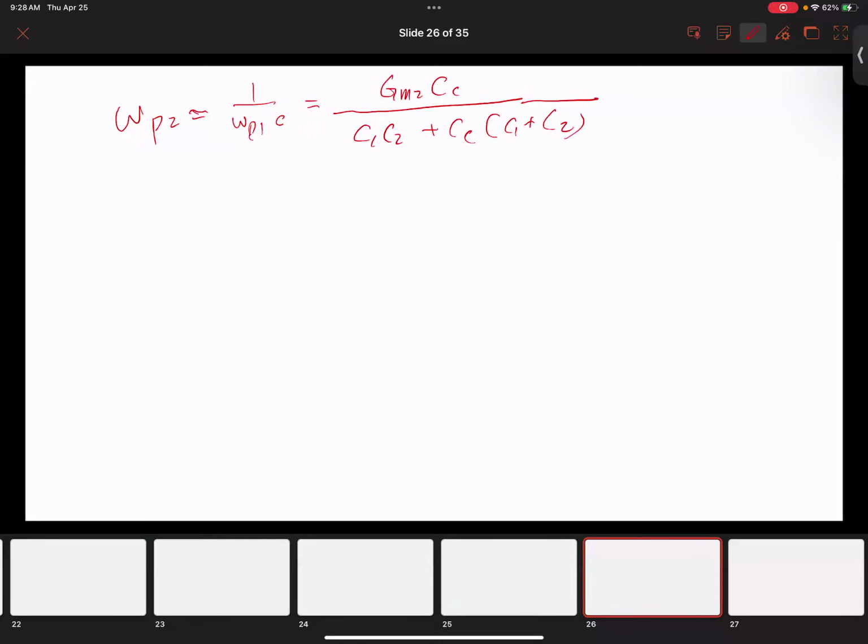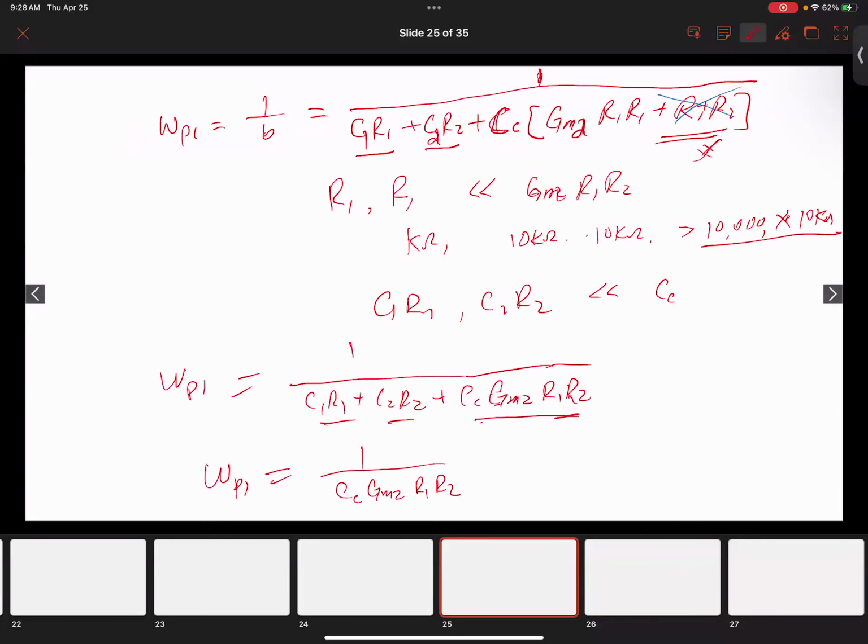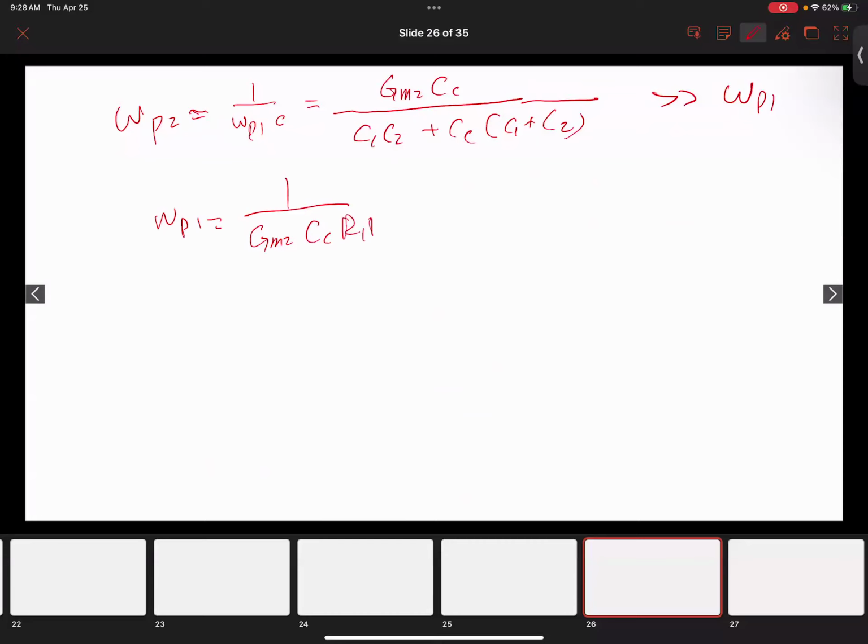So again, you will see that this WP2 is much larger than WP1, which we can rewrite here. WP1 is equal to 1 over GM2 times CC times R1 and R2.